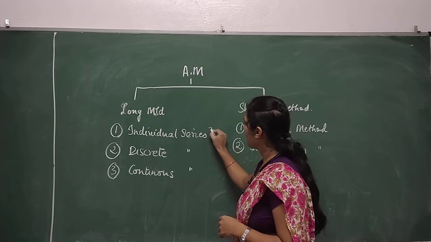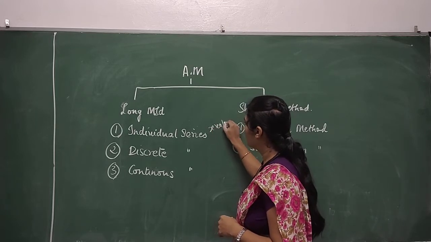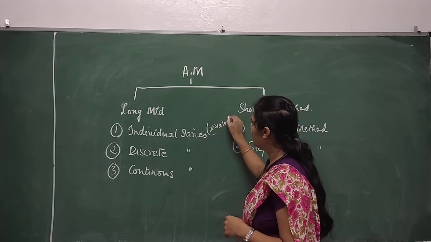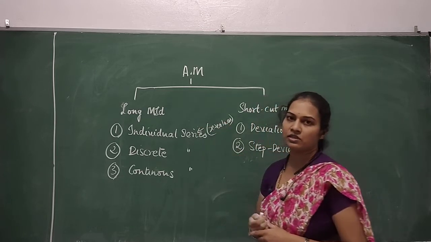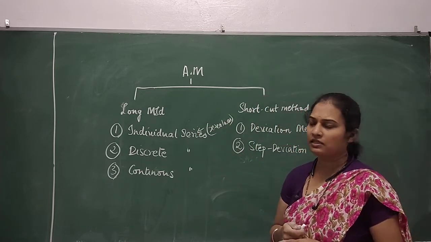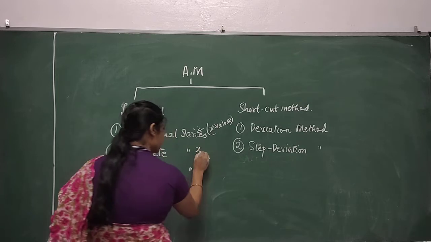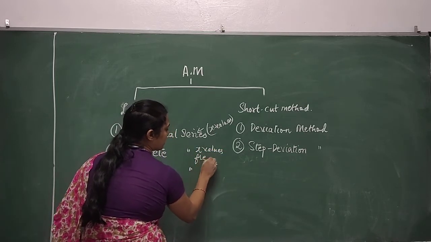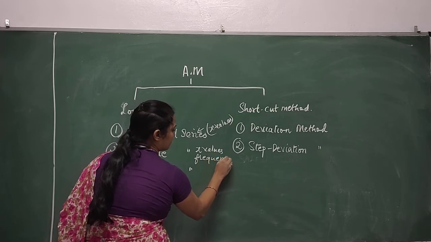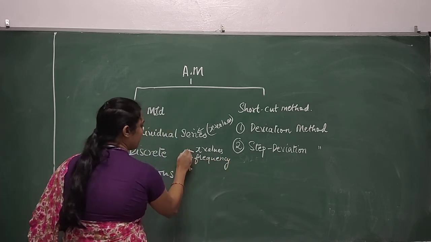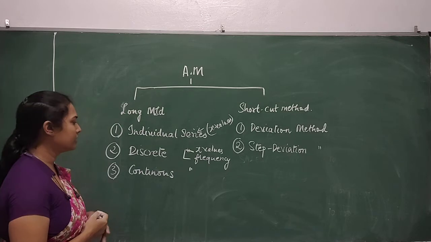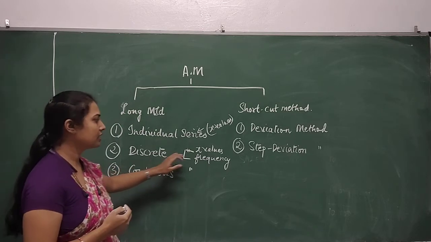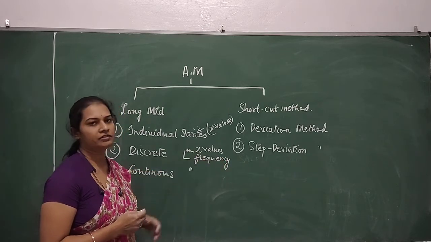Only when x values are given, you will calculate your individual series. Coming to discrete series, your x values will be given along with your frequency. When two pieces of information are given, x values and your frequency table, that is your discrete series.